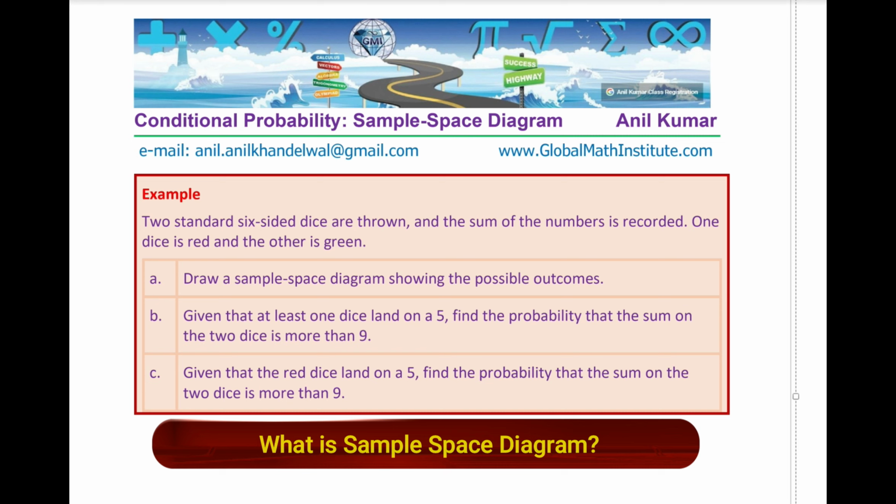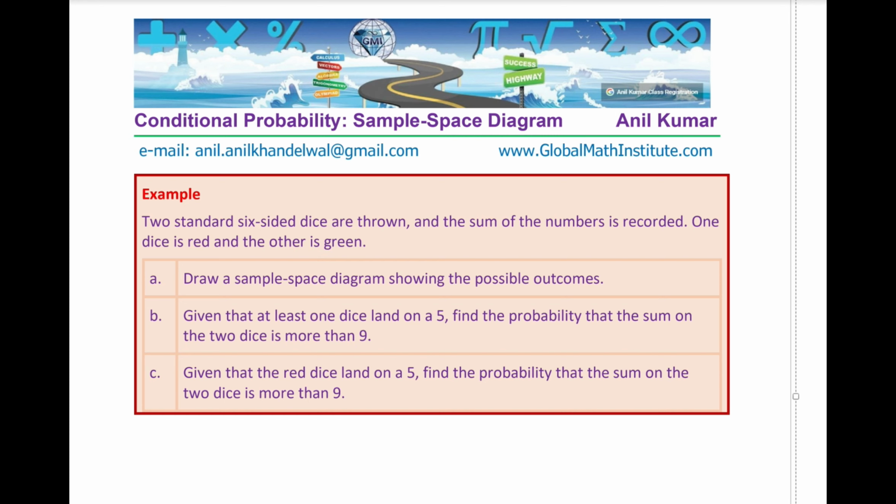The question is, two standard six-sided dice are thrown and the sum of the numbers is recorded. One dice is red and the other is green. A. Draw a sample space diagram showing the possible outcomes.